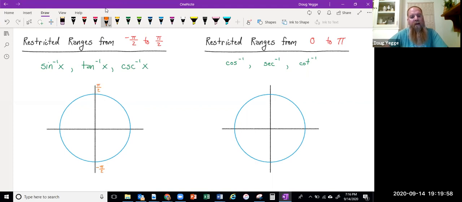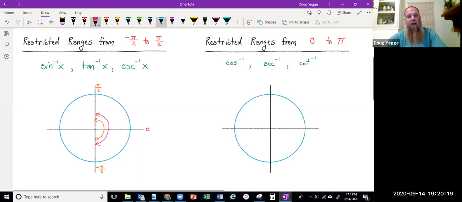So that means the answers that I get need to be somewhere between -pi/2 and pi/2.